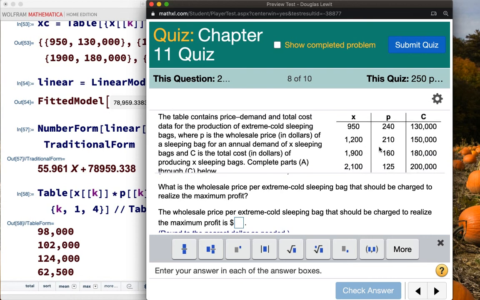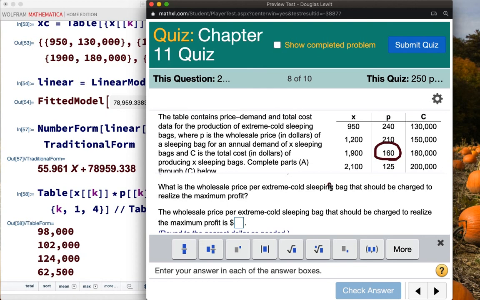I would assume that the profit I should, no, I'm sorry, not the profit, the price that I should charge per sleeping bag would be $160.